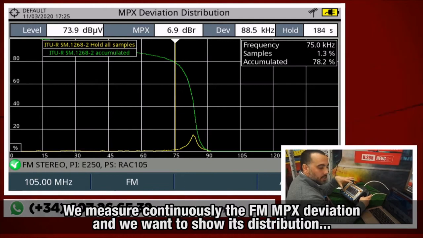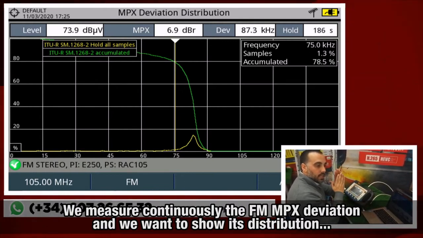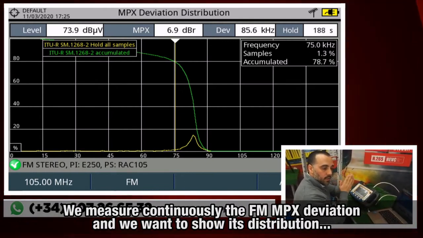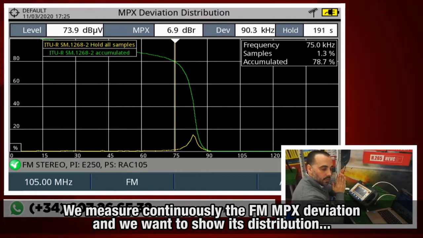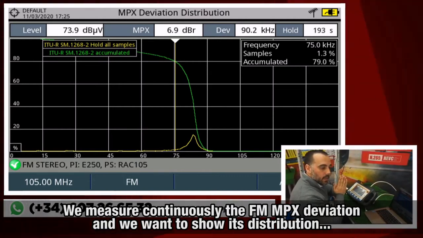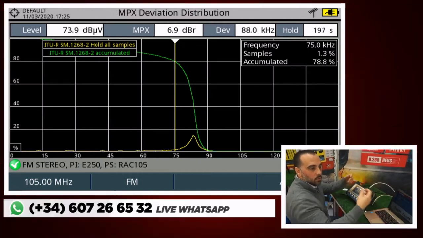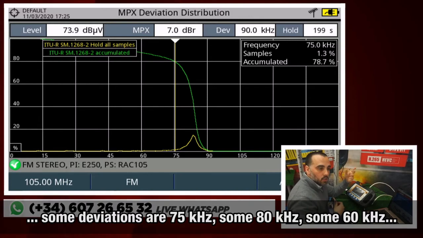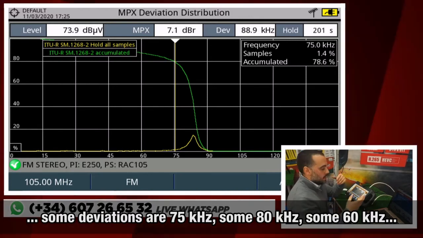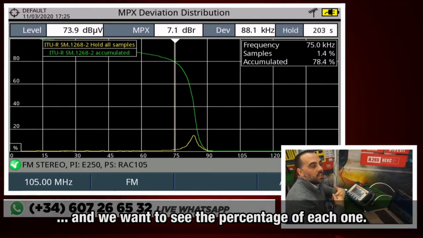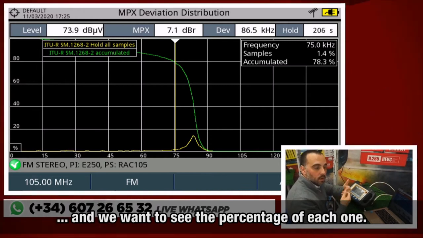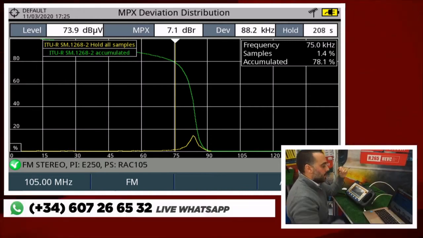We take measurements continuously over the deviation of the FM MPX, and what we want to show you is how these values distribute. How some of them are maybe 75 kilohertz, some of them are 80, some of them are 60. So we want to see the percentage of each one of them that are showing up.